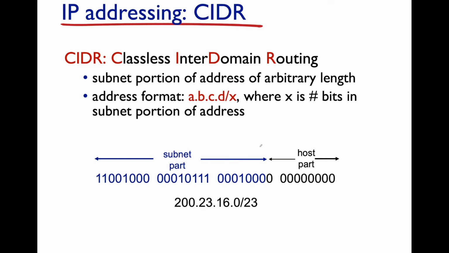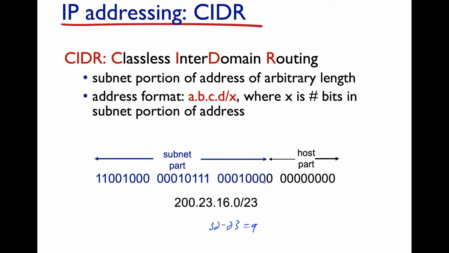And so if we said 200.23.16.0/23, that means you have these bit patterns for decimal number 200, for 23, 16, and 0, and the first 23 most significant bits identify the subnet. So what that means is that the least significant 9 bits, because it's 32 bits total, 32 minus 23 is equal to 9.